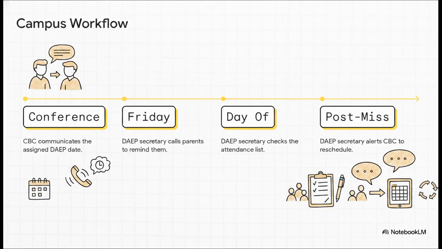Then, on the Friday before the class, the DAEP secretary picks up the baton and calls the parents to remind them and the student about the session. On the actual day of a class, it's the DAEP secretary's job to check the attendance list. And finally, in a post-absence scenario, say the student just didn't show up, the DAEP secretary has to actively alert the CBC. That way the CBC can jump right back into ePortal and reschedule. It is a continuous loop, and everybody has to do their part.